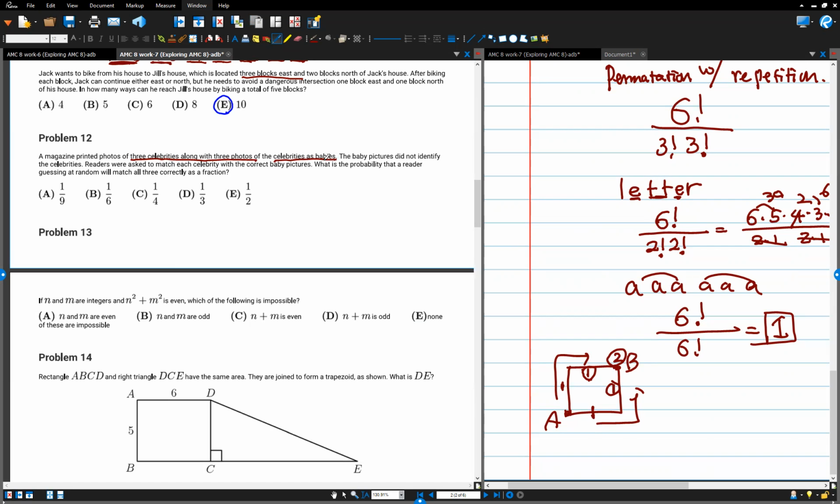The baby pictures did not identify the celebrities. Readers were asked to match each celebrity with the correct baby picture. What is the probability that a reader guessing at random will match all 3 correctly, as a fraction? Wow.